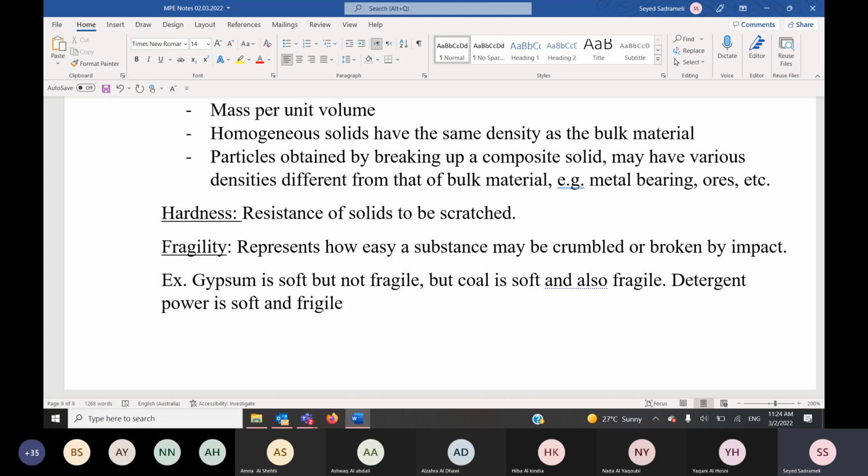Okay, so let's look at another characteristic of powders or particles. This is called tenacity.